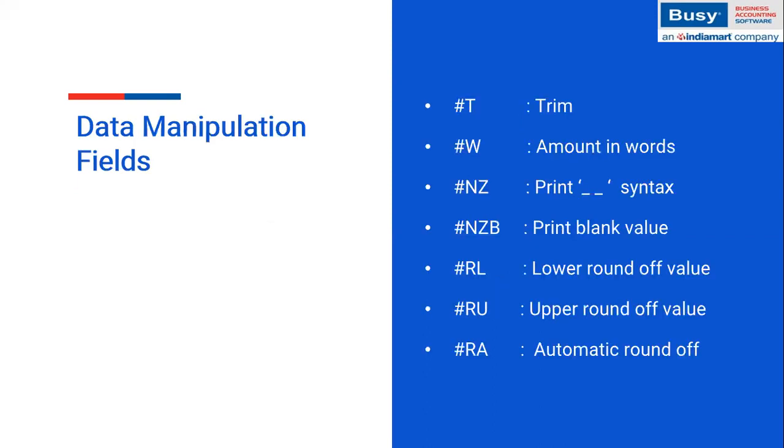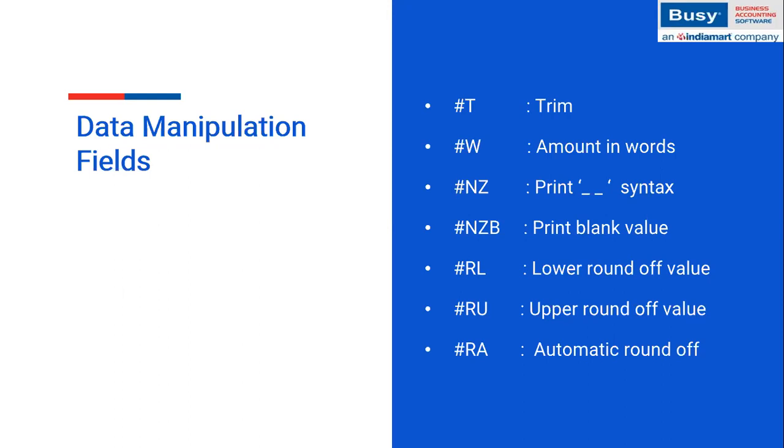After that, we'll learn the data manipulation fields. Hashtag T: if I apply hashtag T, it will trim the value. Hashtag W: suppose the value comes like 20 rupees and I want the amount in words.